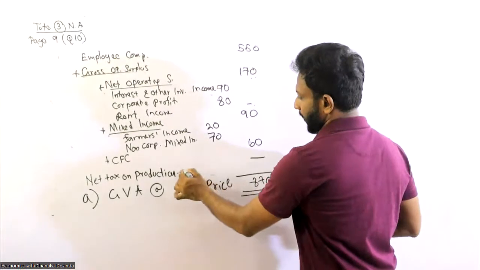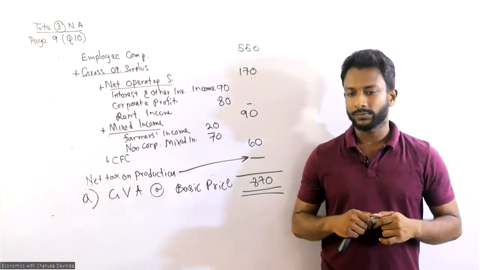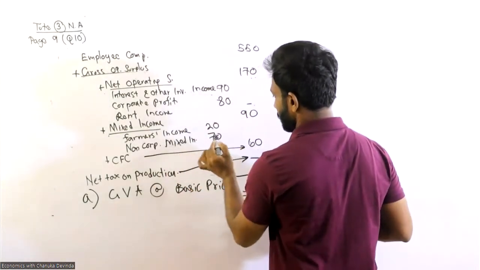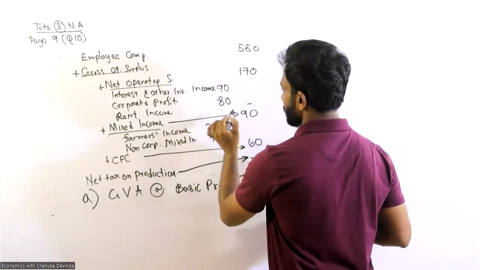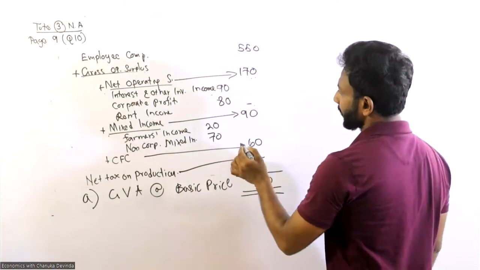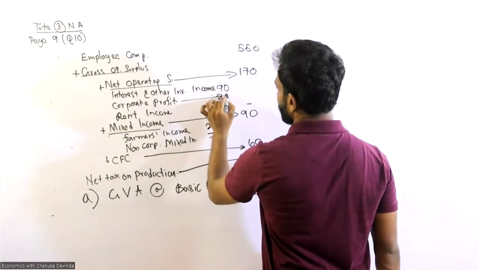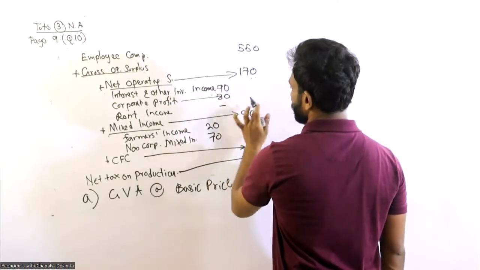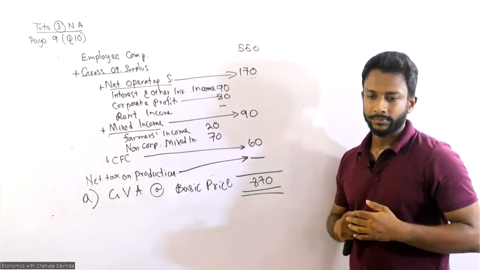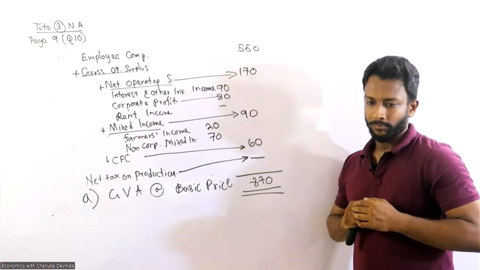So here net tax on production is here, right? It is 0. And CFC is this. And mixed income is this here, because it's not directly mentioned. 80. Here 0. Right? Done.